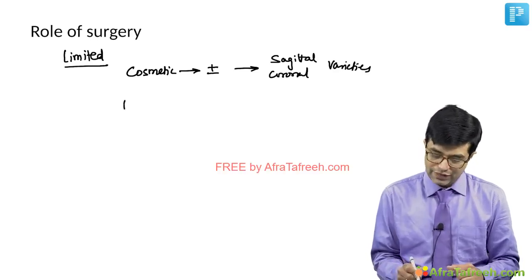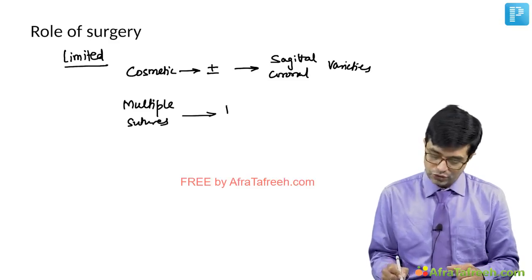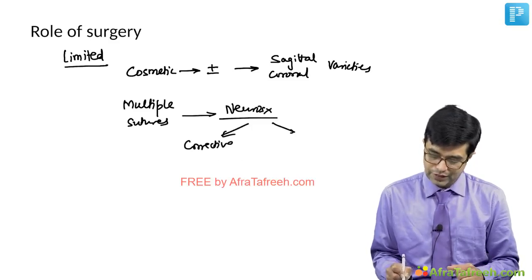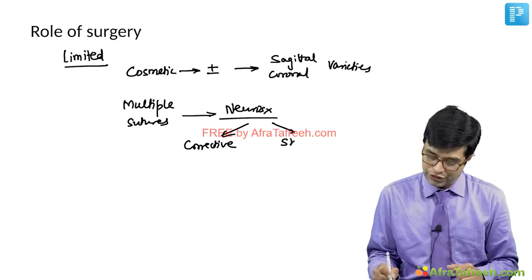Whereas in those having multiple suture involvement, you may need to perform neurosurgery, which may not only be in the form of corrective surgery, but may also require placement of shunts, that is VP shunt for hydrocephalus.